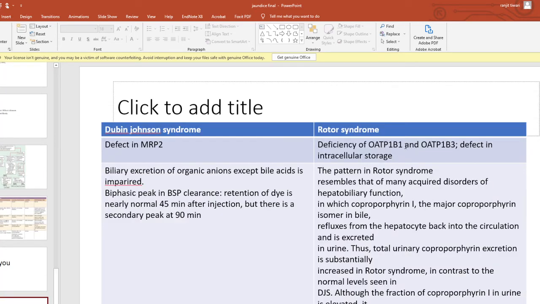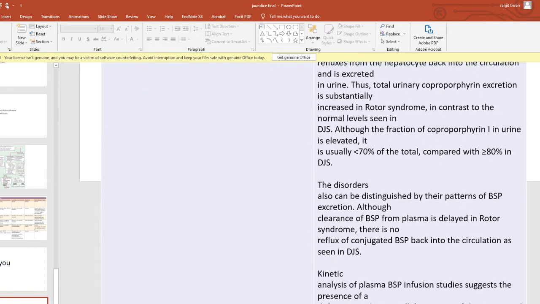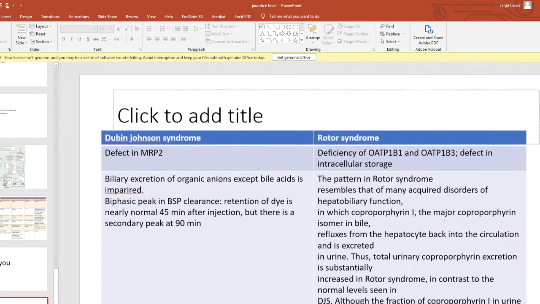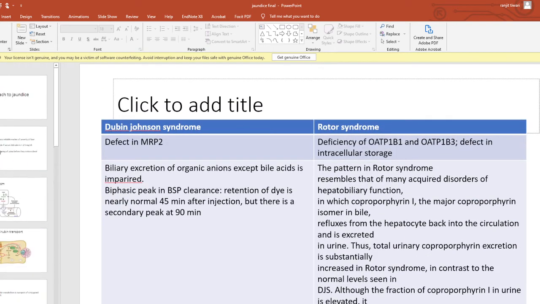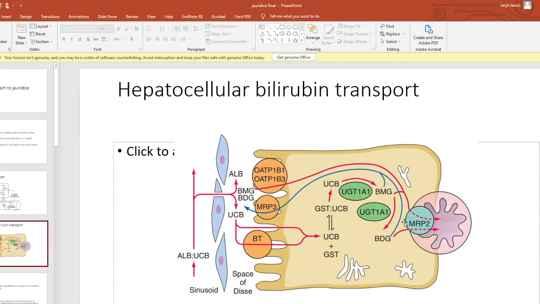So there is a deficiency of OATP1B1 and OATP1B3, and there is also a defect in intracellular storage of conjugated bilirubin. I will discuss this point later. Did you understand this part? A defect in MRP2 causes Dubin-Johnson, and a defect in OATP1B1 and OATP1B3 causes Rotor syndrome, with a defect in intracellular storage of conjugated bilirubin.